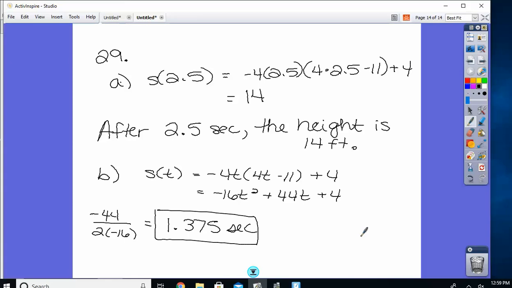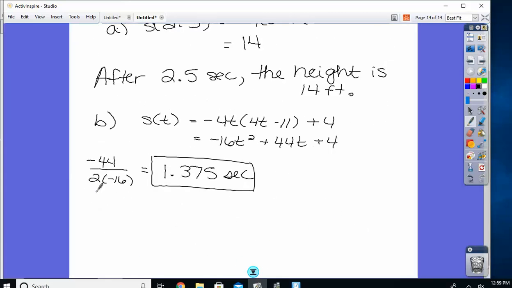And then to find the maximum height, what do we do? Plug it in. And that gives me 34.25 feet.